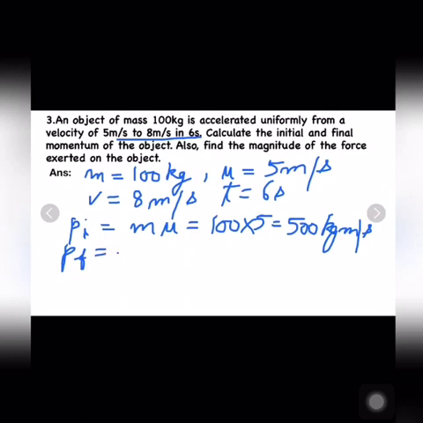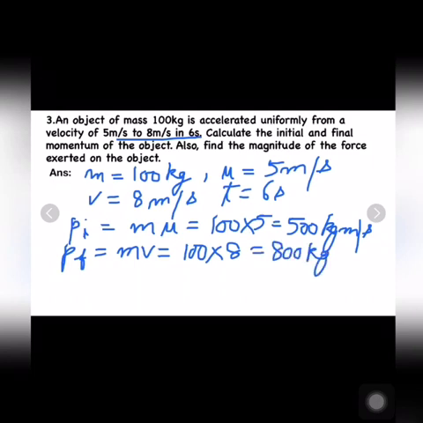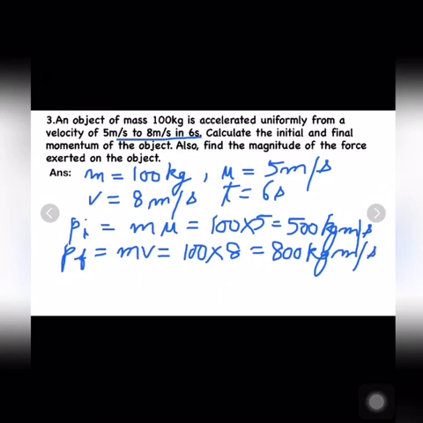Also final momentum, we denote it as Pf, is equal to mv. Mass is 100 and final velocity is 8, which is equal to 800 kg meter per second.